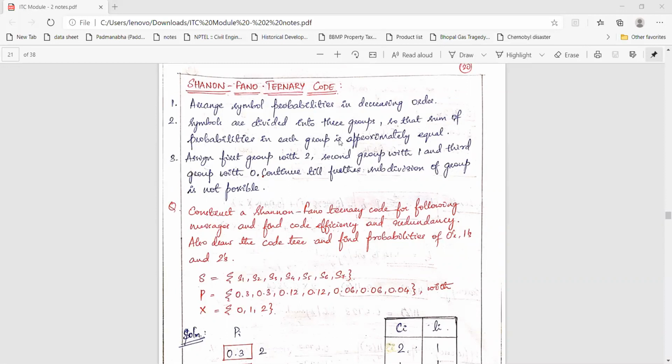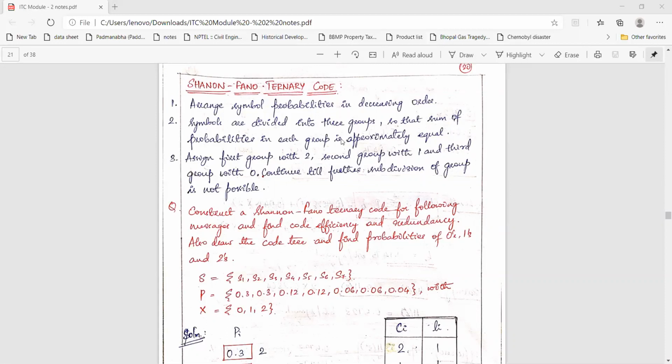After dividing it into three subgroups, we will assign three values to the three subgroups. The three values that we'll assign are 0, 1, and 2. So after arranging the probabilities in descending order, we subdivide them into subgroups, and then assign the three different values to the subgroups.